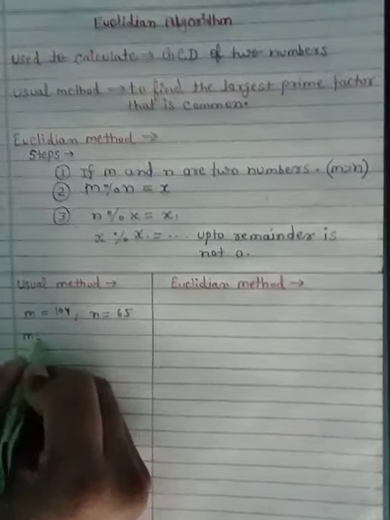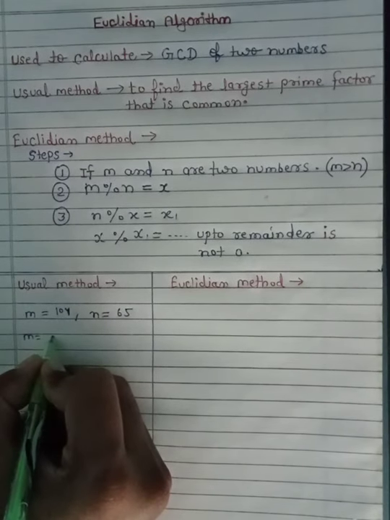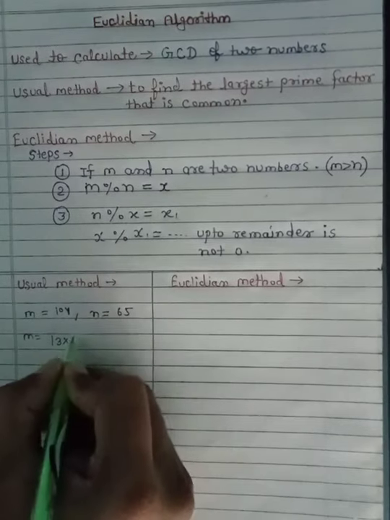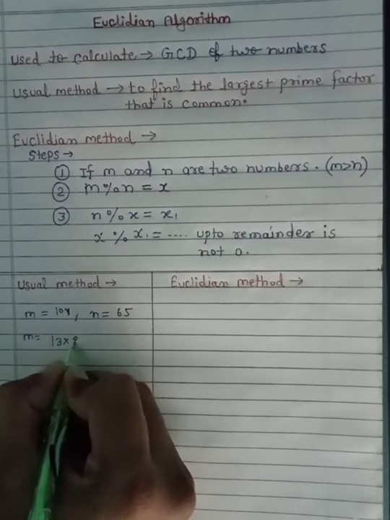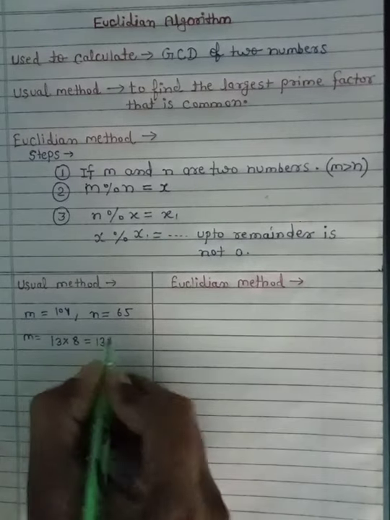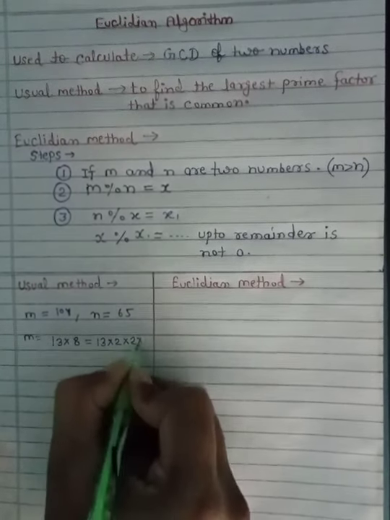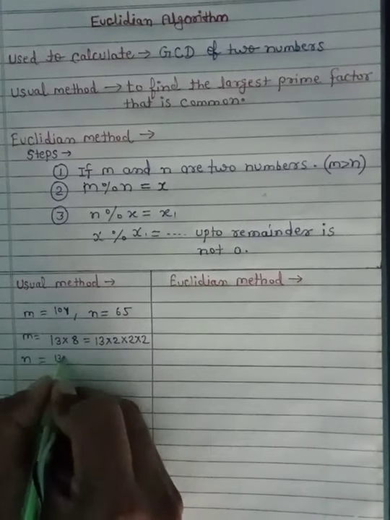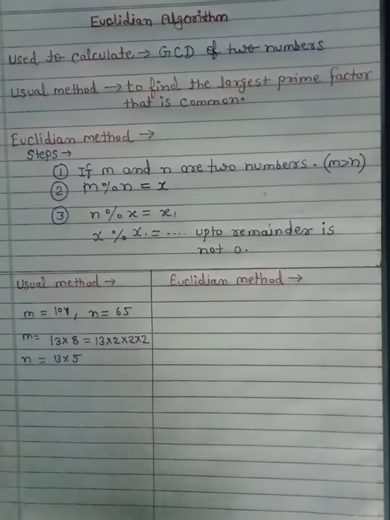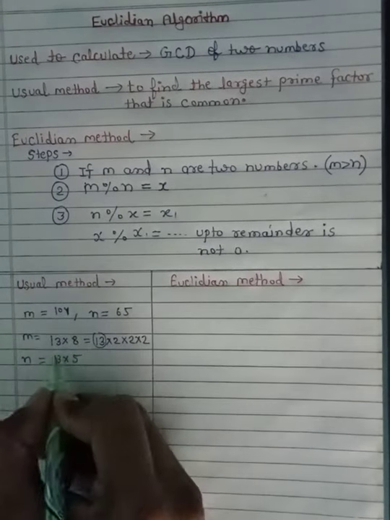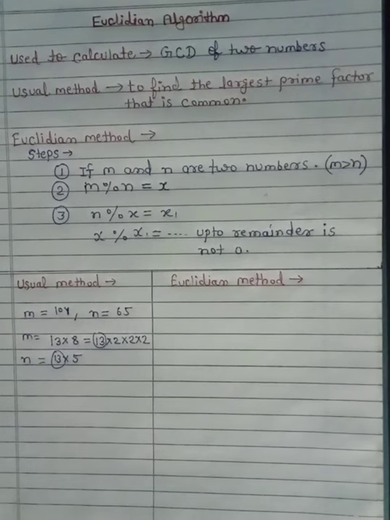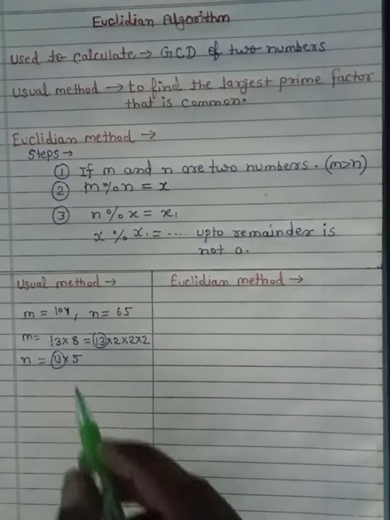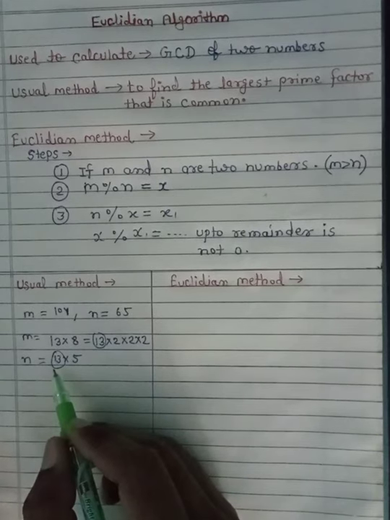For 104 it is 13 into 8, or 13 into 2 into 2 into 2, and the prime factorization for 65 is 13 into 5. So here 13 is the common, highest common number in m and n. So this is the greatest common divisor or highest common factor. This is the usual method for finding the highest common factor.